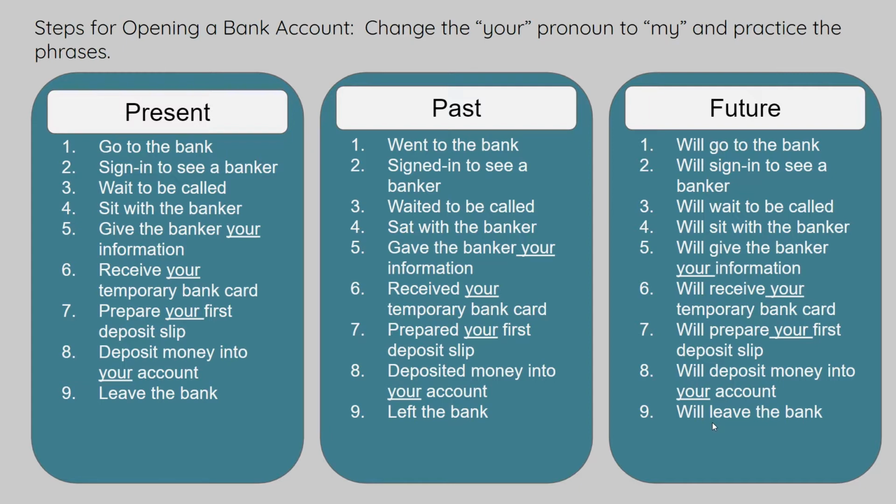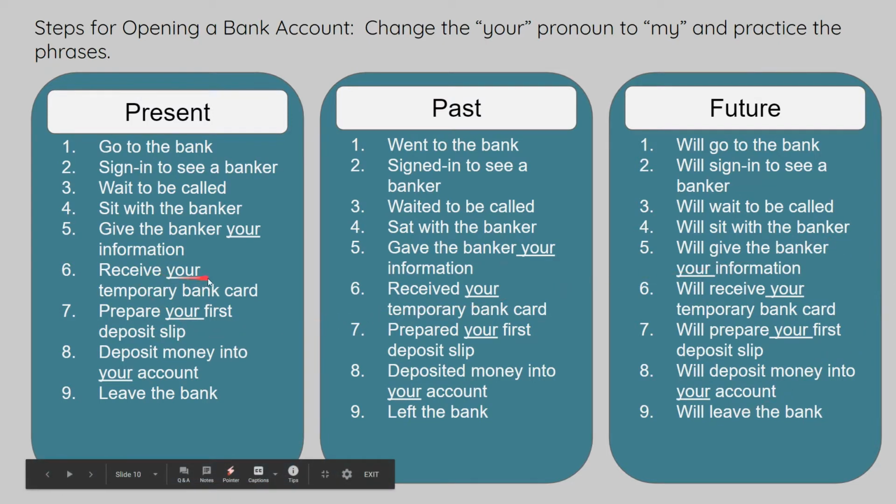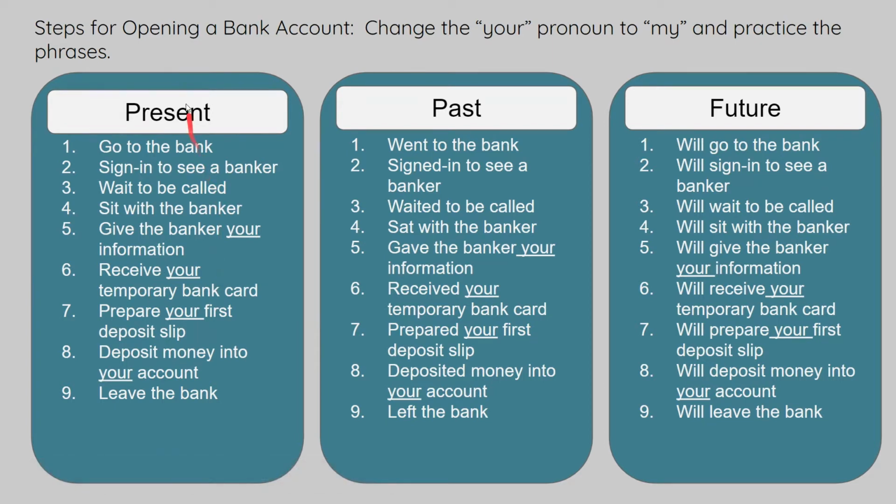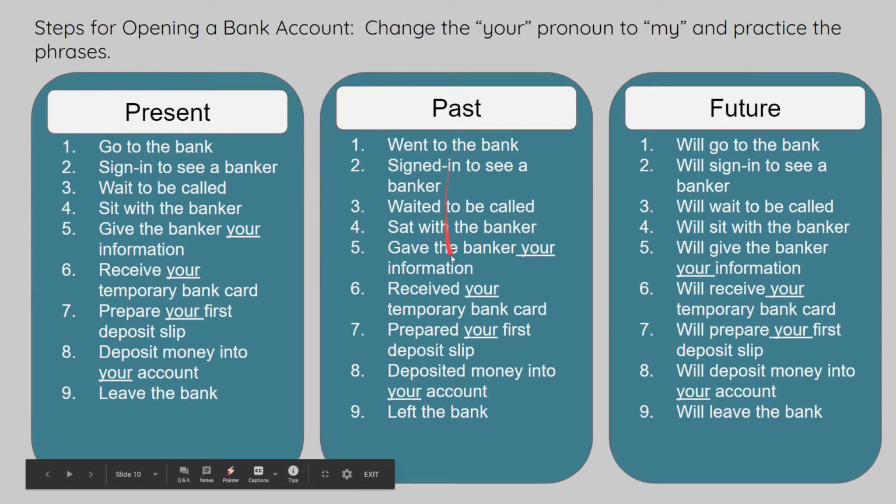So first, let's talk about the steps for opening a bank account. In here, you can practice changing the pronoun your to my and practice saying the phrases. They are in present, past, and future tense.